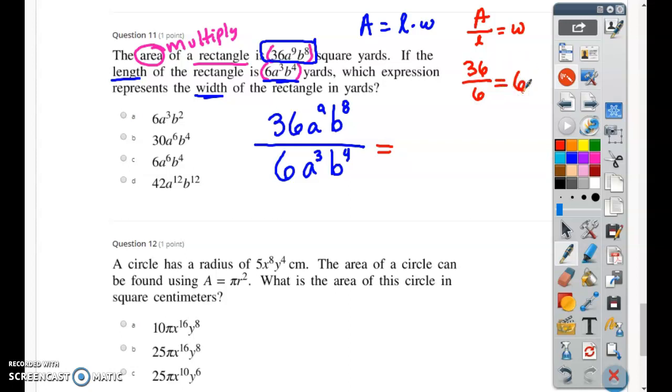Okay, that looks better because I have 2 with 6's, right? And then subtract these 2 and then subtract these 2. So it's going to be 9 minus 3, that's for my A, and 8 minus 4, that's for my B. So figure it out, and that's how you get the answer.